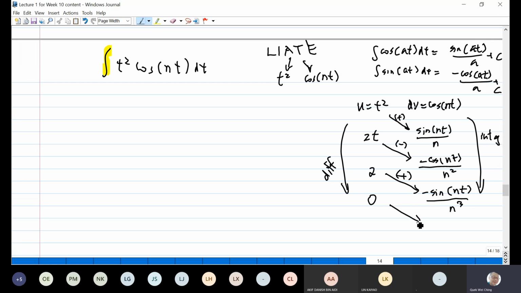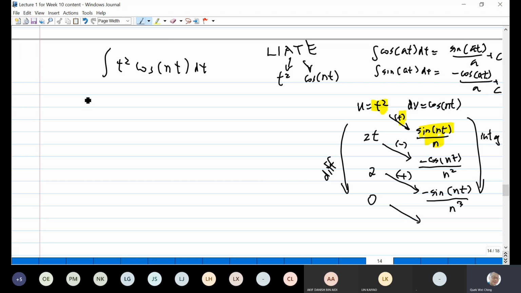Then the rest are all zero already, no need to continue. So after integration by parts, let me follow the pattern.